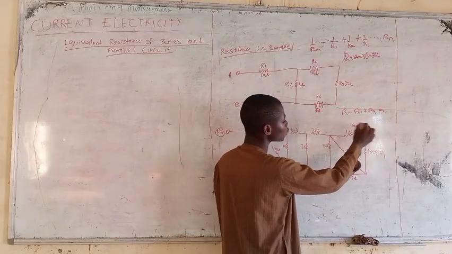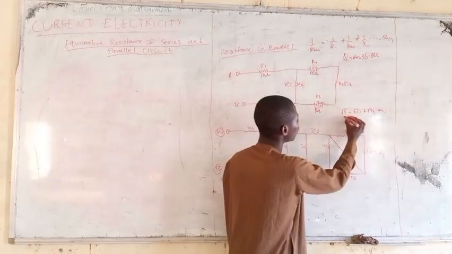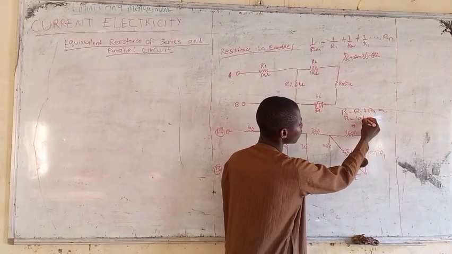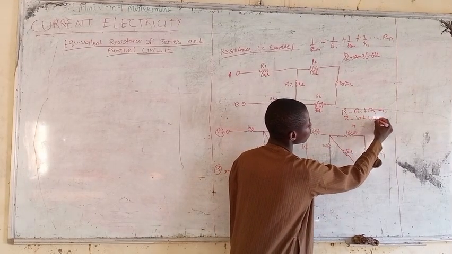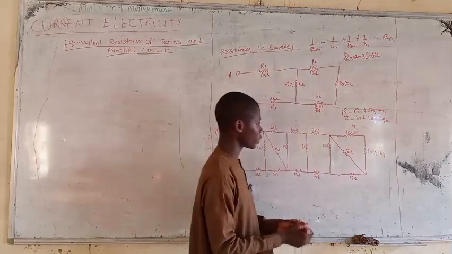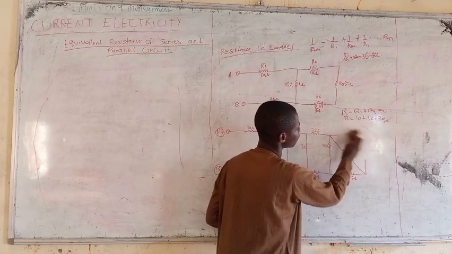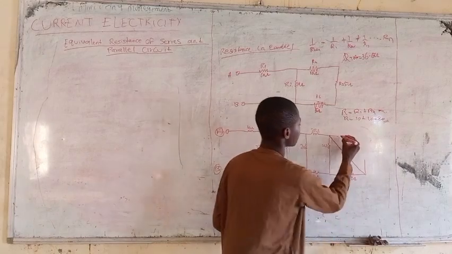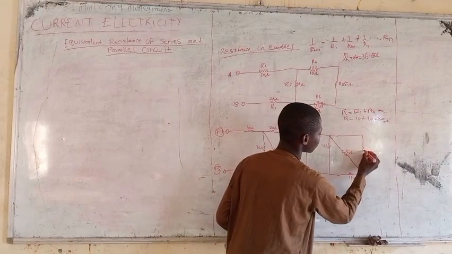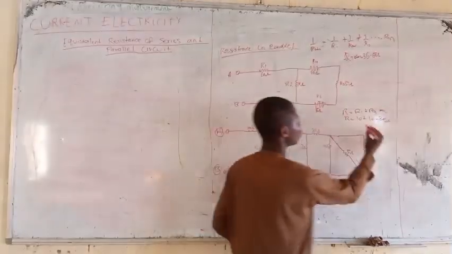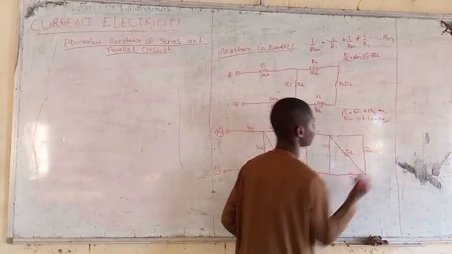We just add them together: R is equal to 10 plus 10, which gives us 20. Let us clean the resistance and insert one resistance in order to understand. We have reduced the resistance, and now we have our 20 ohm.